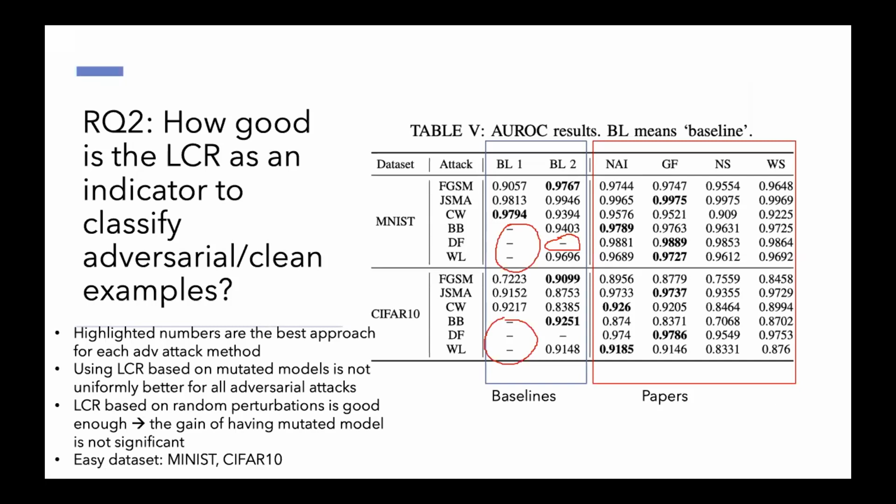Right. Given adversarial samples and all those, I do not know the details of baseline 1, but for baseline 2, it's highly intuitive. Suppose there's an argument for the adversarial sample generated by this attack, and as long as this DF method can generate adversarial samples, you do the random perturbations and calculate the corresponding LCR.